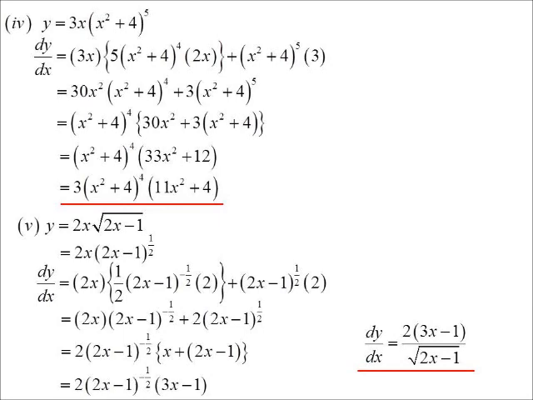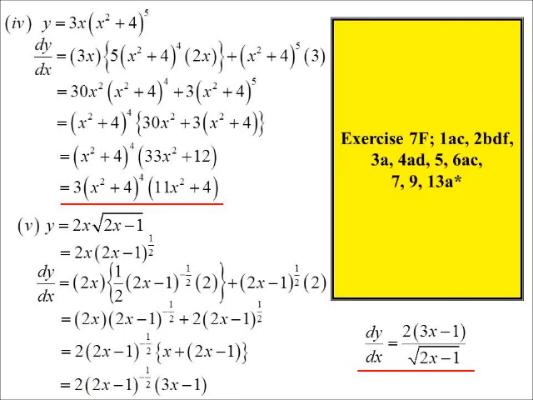Okay, so if we substitute 2 in there, then on the top of the fraction I'll get 6 minus 1's 5, 2 5's are 10, over the square root of 3. But I've got the exact answer straight away. Whereas if I'd left it the other form, I'm going to still have a power of a half. I'll go to my calculator. Oh, hang on, that's an approximation, not an exact value. So that's why I like to get them back into those surd forms. So 7F is our product rule.